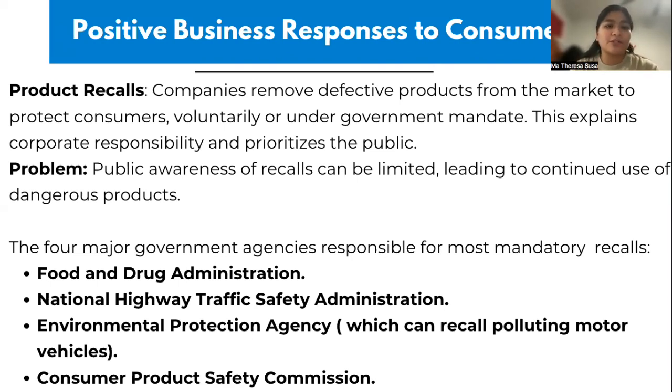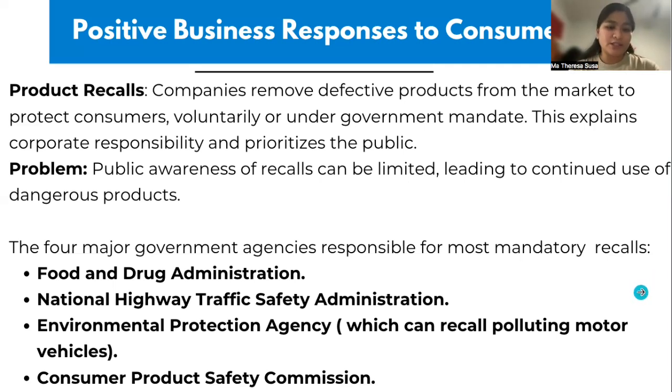There are four major agencies responsible for these recalls. The Food and Drug Administration oversees food, pharmaceutical, and medical device recalls. The National Highway Traffic Safety Administration handles vehicle and automotive equipment recalls.